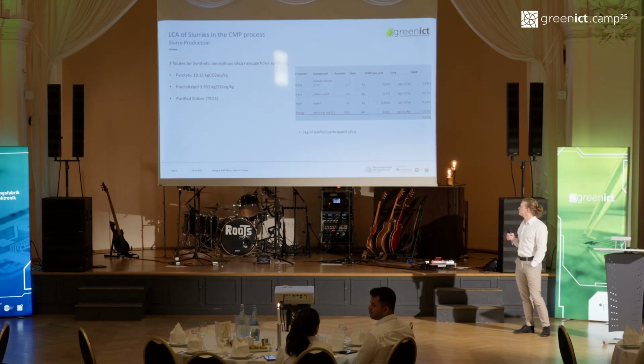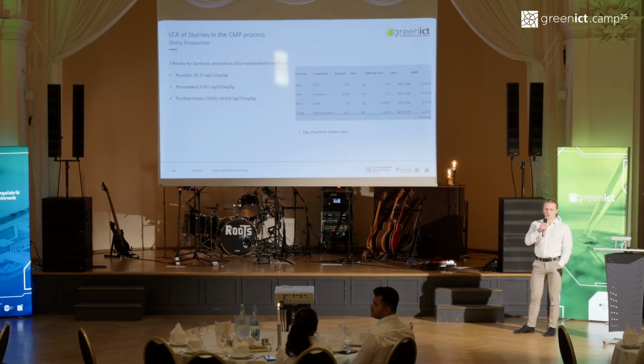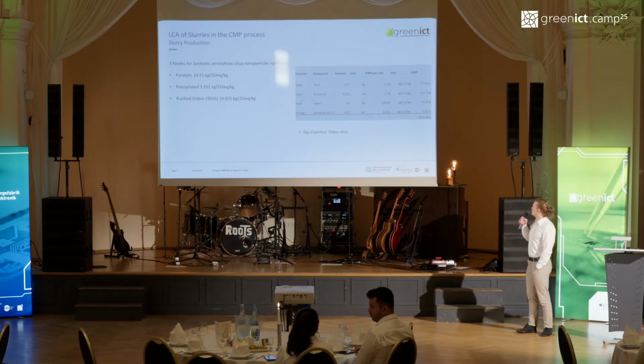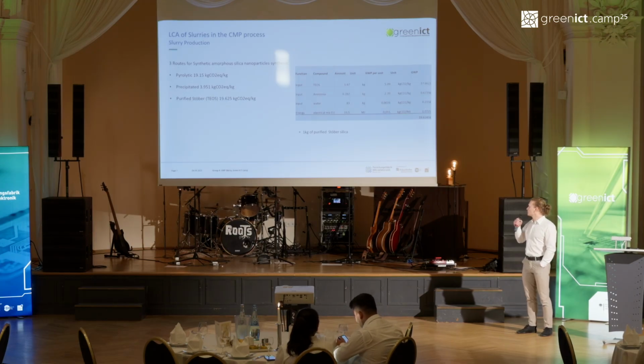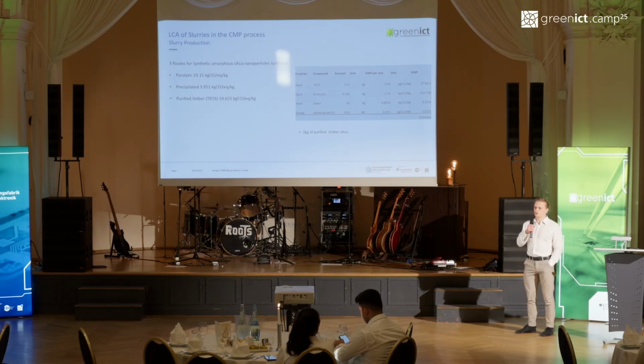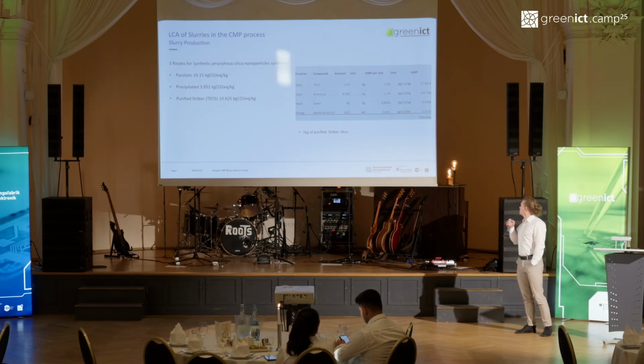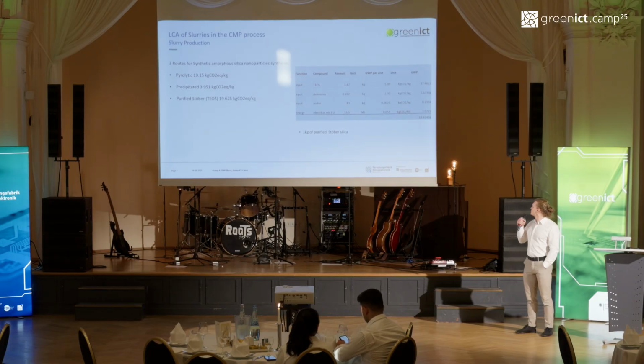Next slide, please. And this third route that is used in the industry is using the Stöber process, mainly enabled through the TIOS input. This is the main contributor in our calculations, with an amount of 17.66 kg of CO2 equivalents and a sum of 19.624 and some kg CO2 equivalent.